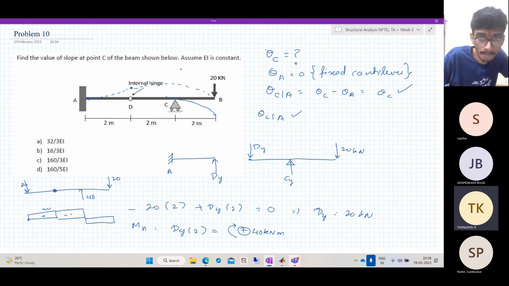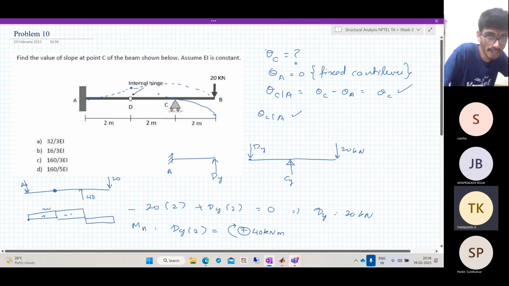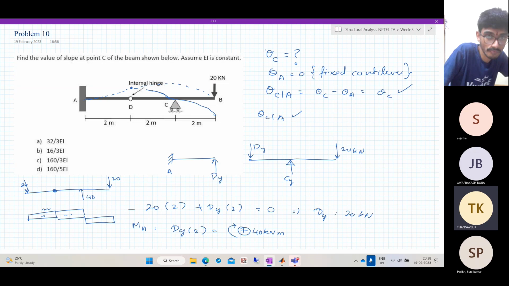Here it is hogging, and it reaches a point of inflection, and then it becomes sagging. So this is the deflected shape.